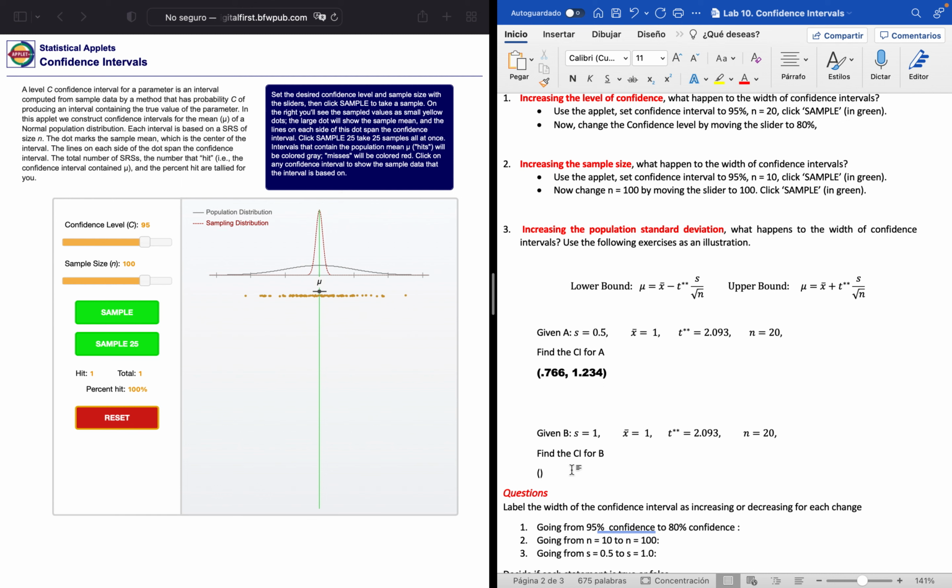If you compute that, I got this: 1.468 for the upper bound and 0.53 for the lower bound.